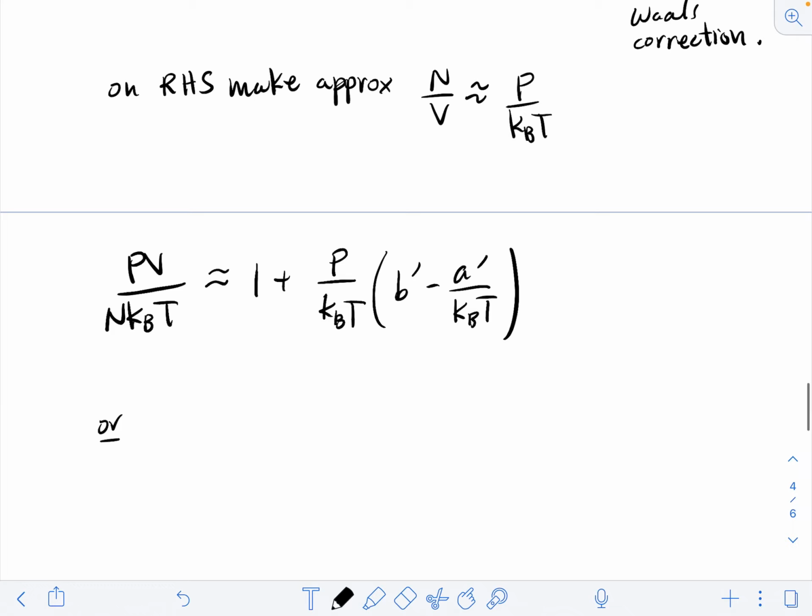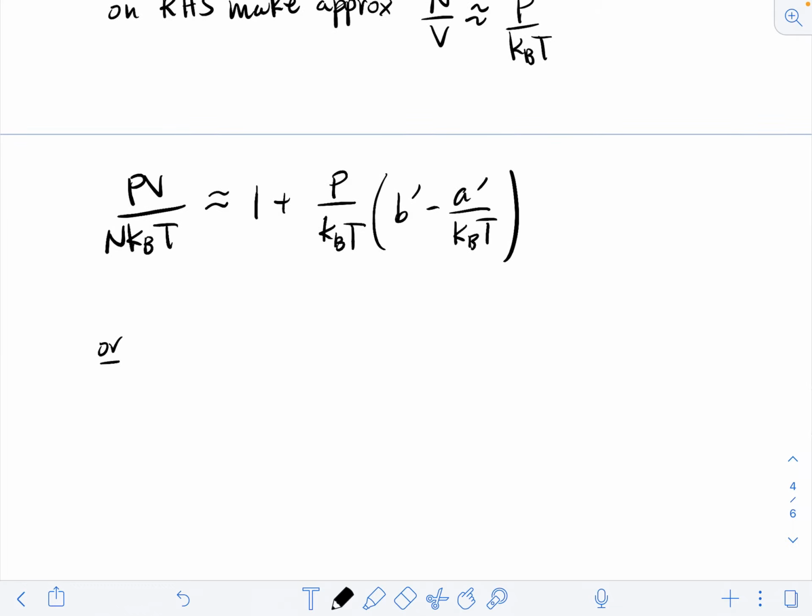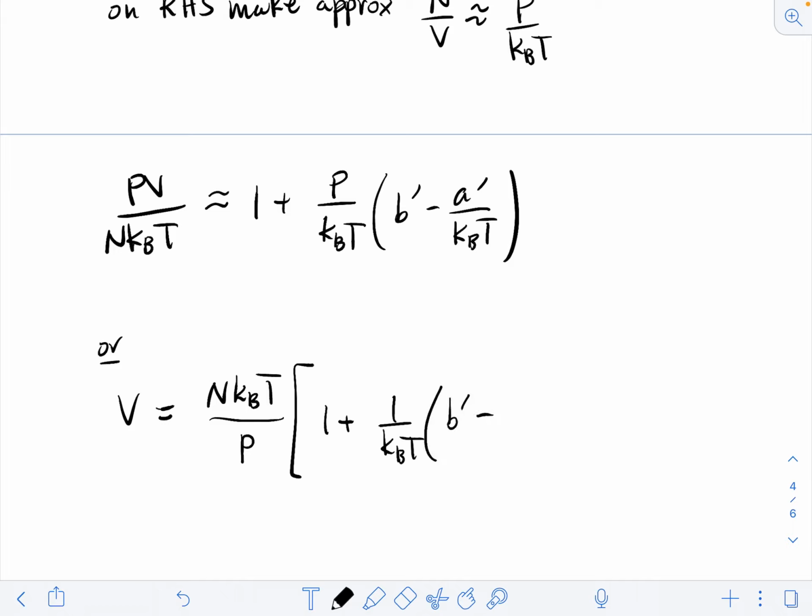Or, what we want to do in our Joule-Thomson coefficient is to take a derivative of the volume. So let's calculate the volume. So now we multiply by nkBT over P, and it has to multiply all this stuff. 1 plus, I'll put the 1 over kBT here, and then I'll have a b' minus a' over kBT, and then we have our factor of pressure.